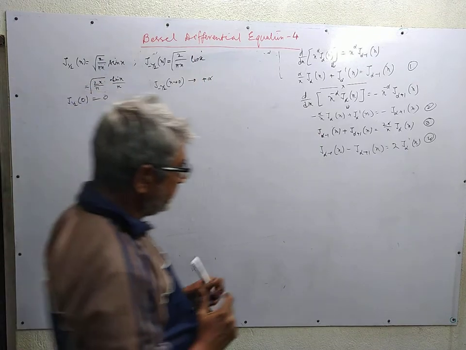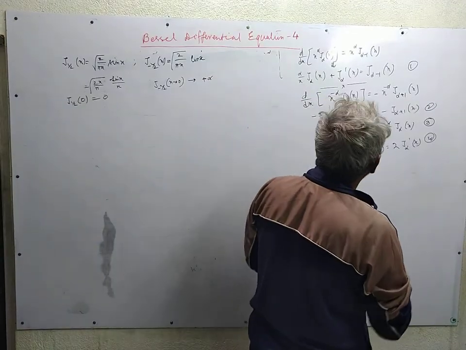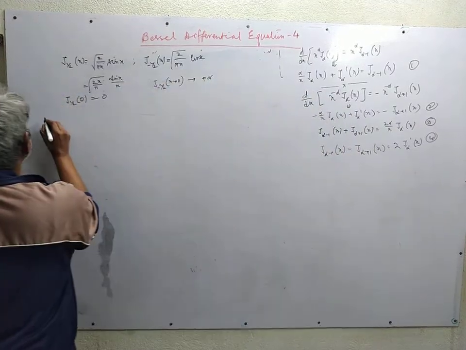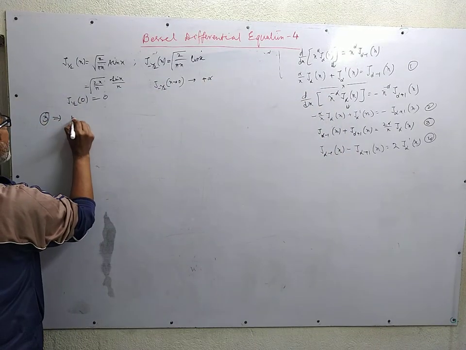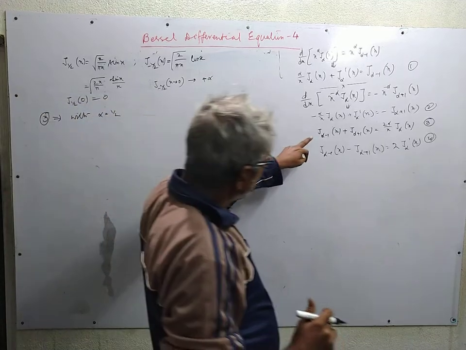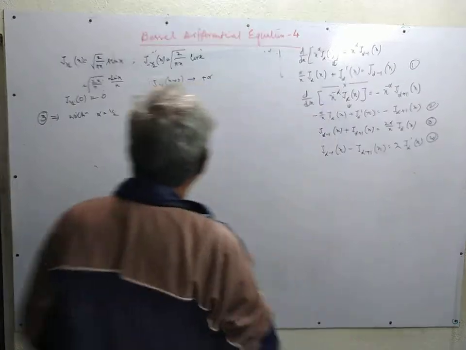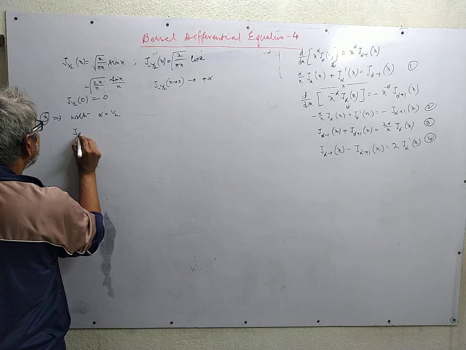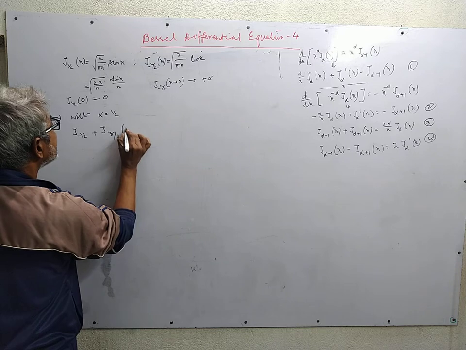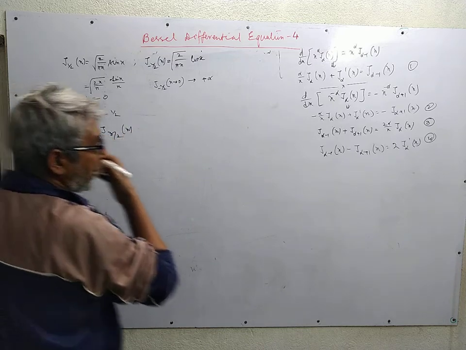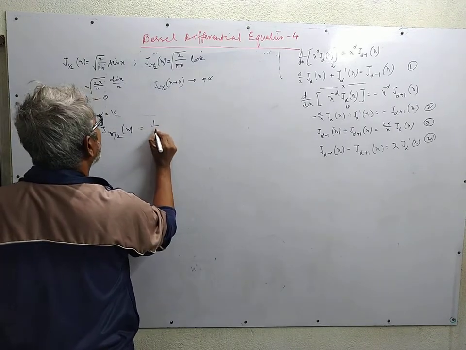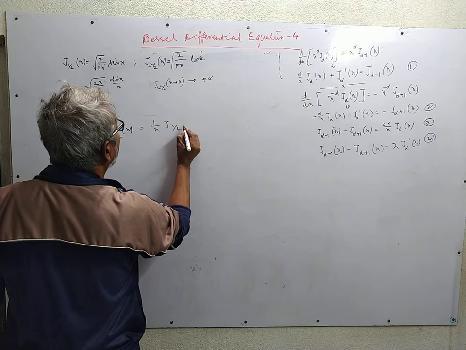Now we use alpha is equal to half in this relation. Equation 3 gives, for alpha is equal to half, j of minus half plus j of 3 by 2, and 2 alpha is 1, so 1 upon x, j of half x.